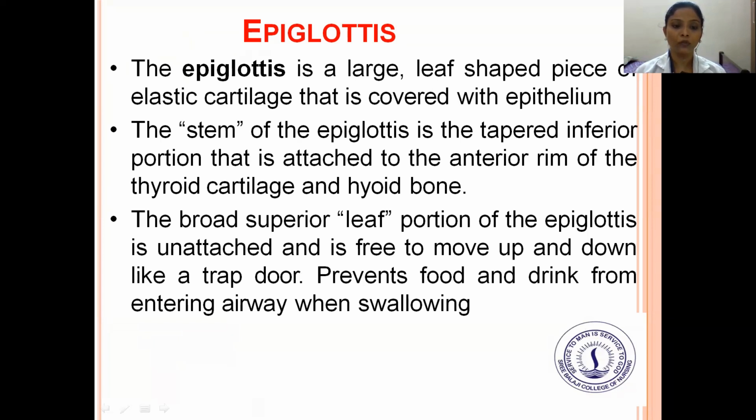The broad superior leaf portion of the epiglottis is unattached and free to move up and down like a trapdoor, preventing food and water from entering the airway while swallowing. So it is a large leaf-shaped piece, which is called the epiglottis. The name itself gives you the meaning. It is covered by a layer of epithelium.